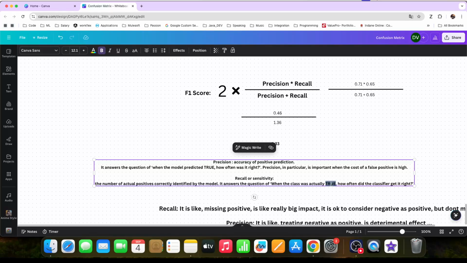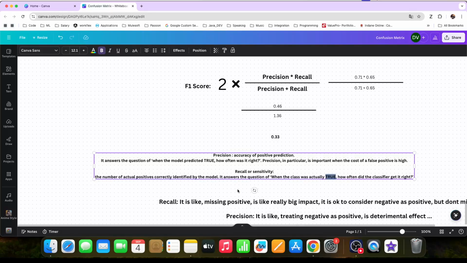If someone has a brain disorder, was the model predicting it rightly or not? So the model also said, yeah, it's a brain disorder. A second patient comes, and based on the different features and parameters, the model predicts, yeah, it's a brain disorder, and the second patient was actually having the disorder, right? So in the second case, in recall or sensitivity, you are checking whether the model is getting it right or not.